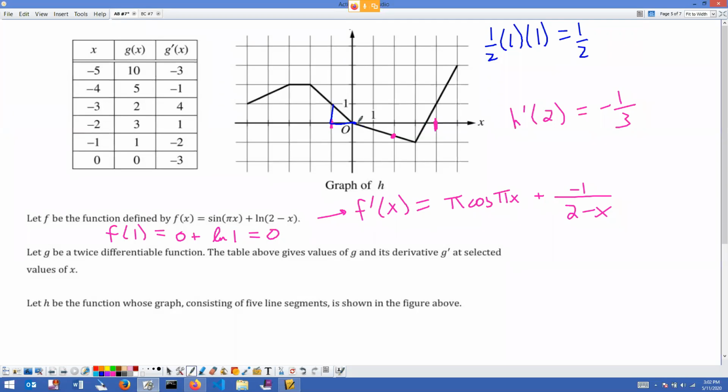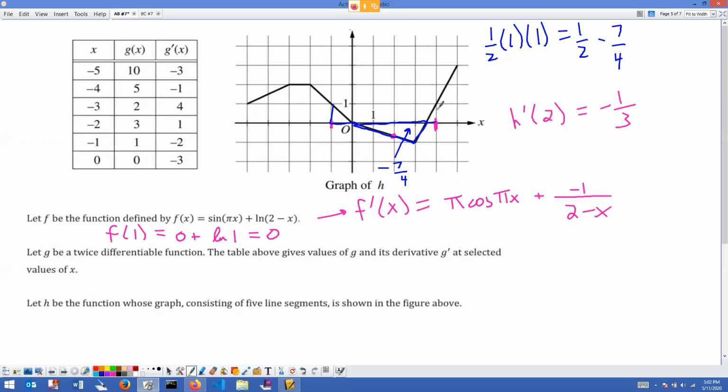Then we've got this triangular piece that's below the x-axis, and the height of that triangle is 1, and the base of that triangle is 3.5. We know that because this is a linear piece and the slope is 2. So it's 7/2 times 1 divided by 2, which should be -7/4. So we've got 1/2 minus 7/4.